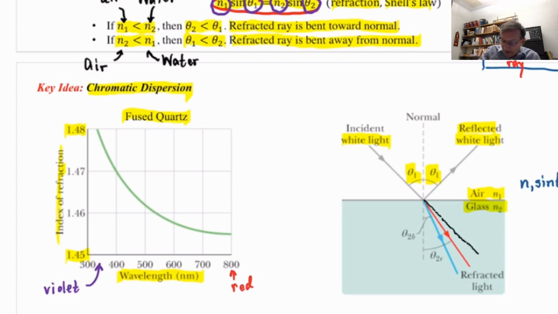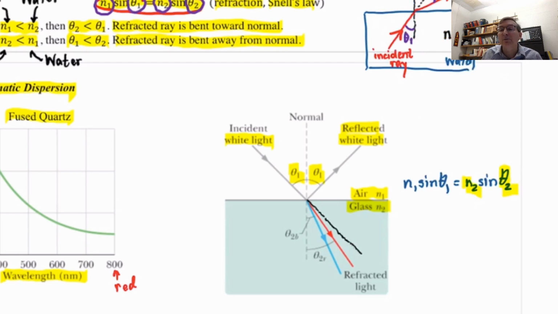And we're looking at material 2, which happens to be glass, the refracting material. Well, basically, the larger the n2, the smaller the theta 2. Sorry, that's not visible, is it? The larger the n2, the smaller the theta 2, because n2 sine theta 2 still has to be equal to n1 sine theta 1 on the other side. So just remember, the larger that is, the smaller that is.